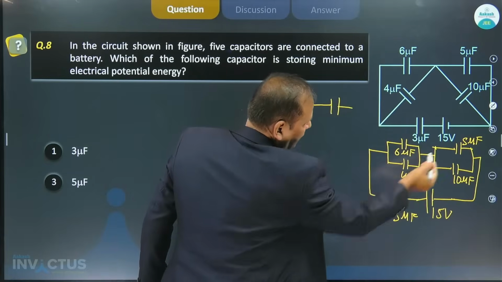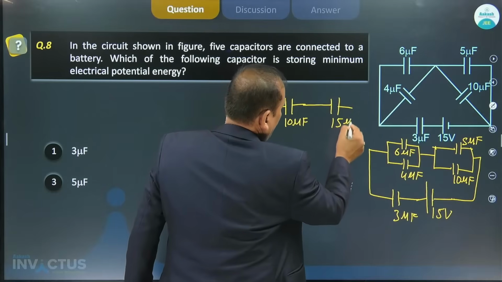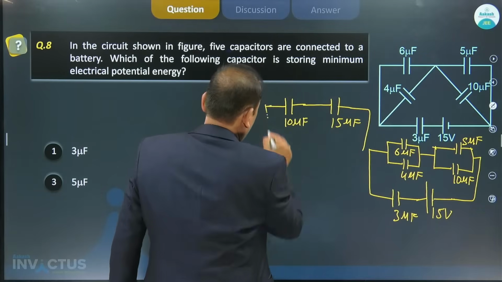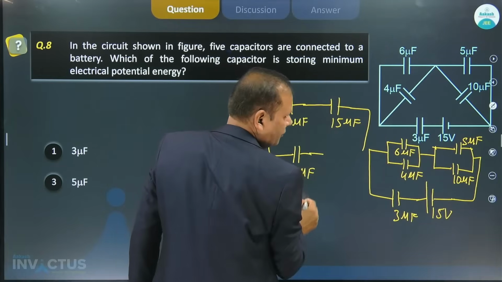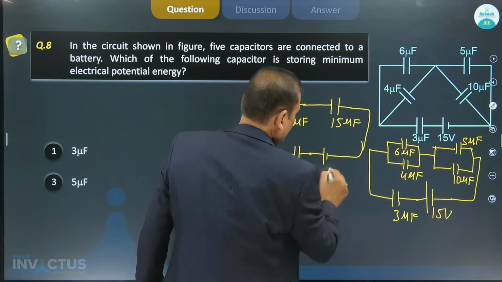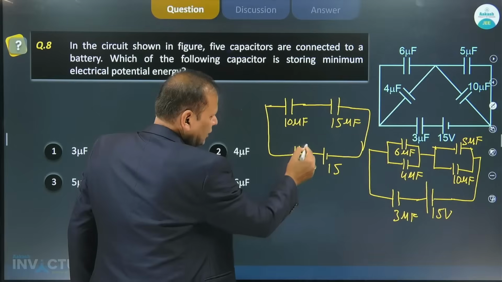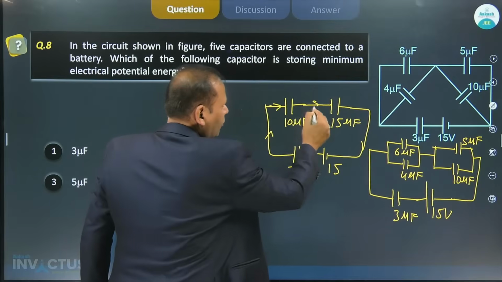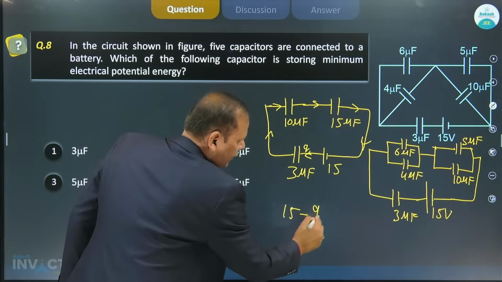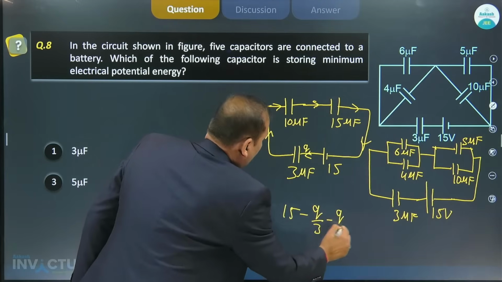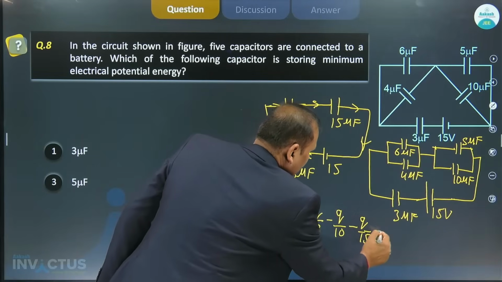This is 15 microfarad. This is 3 microfarad, 15 volt. Consider charge Q. So 15 minus Q by 3 minus Q by 10 minus Q by 15 is equal to 0.